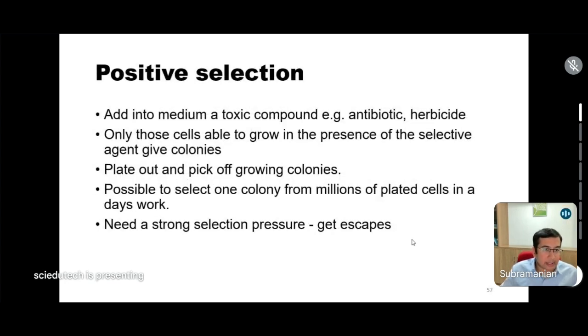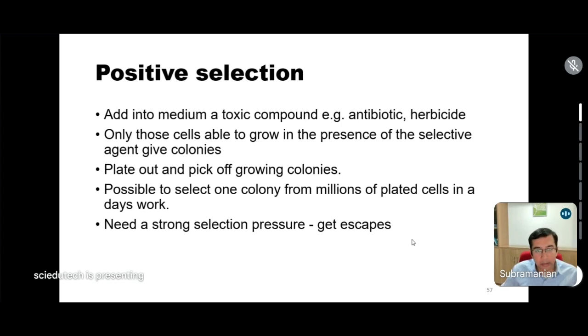So what does positive selection mean? You add to the medium a toxic compound, that is an antibiotic or herbicide, and then you grow cells in the presence of these toxic compounds, and only cells that grow in the presence of the selective agent are transformed cells.